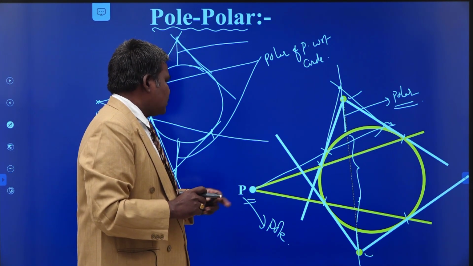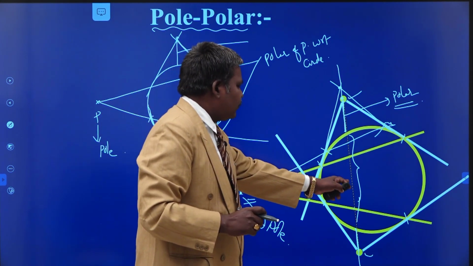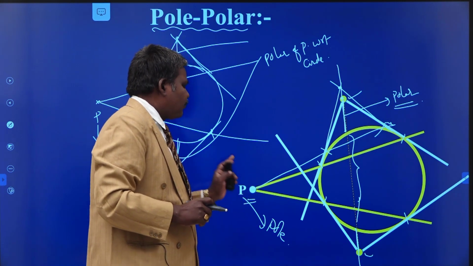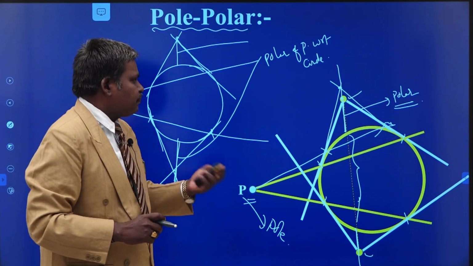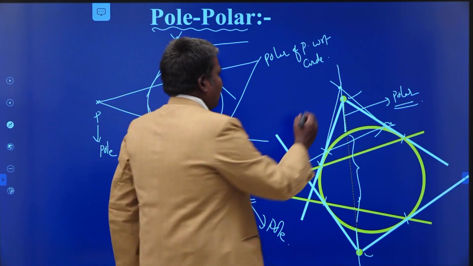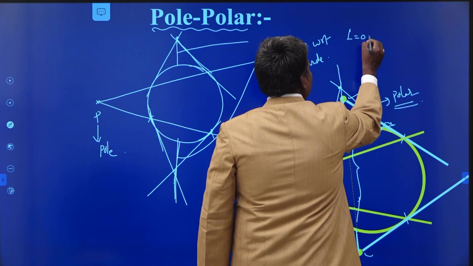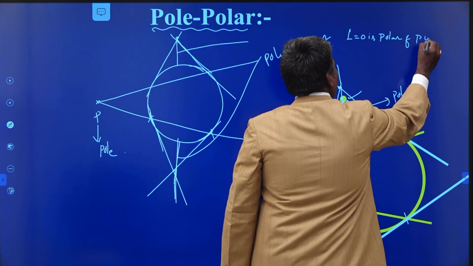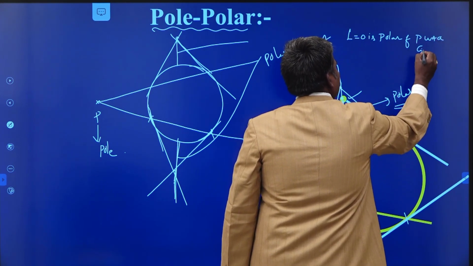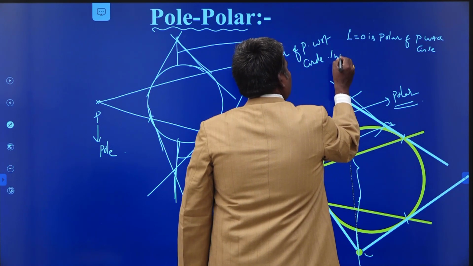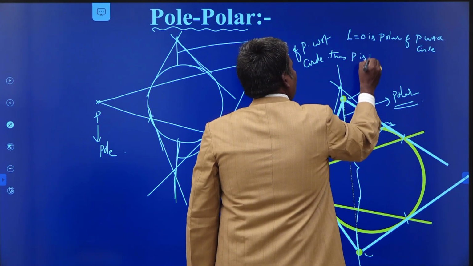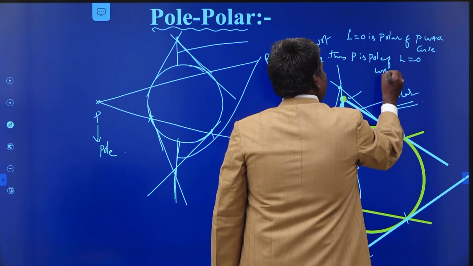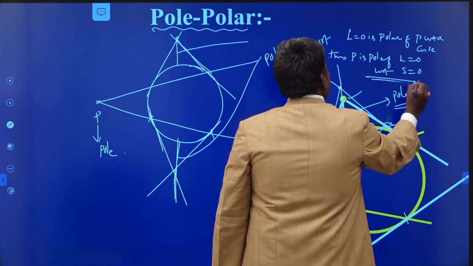Remember, my dear students, if P is the pole of some line with respect to a circle, then that line L equal to 0 is polar of P with respect to the same circle. So, if L equal to 0 is polar of P with respect to a circle, then P is pole of line L equal to 0 with respect to the same circle S equal to 0.